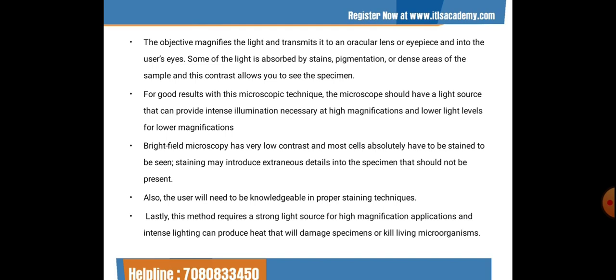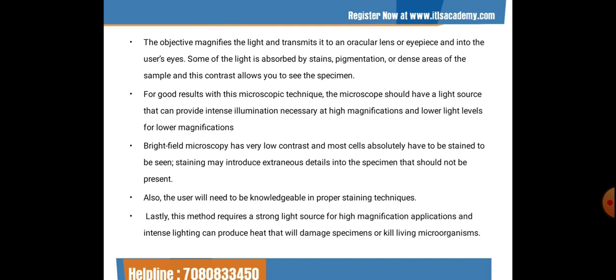Some of the light is absorbed by stain pigmentation or dense areas of the sample, and this contrast allows you to see the specimen. For good results with this technique, the microscope should have a light source that can provide intense illumination necessary at a high magnification and lower light level for lower magnification.